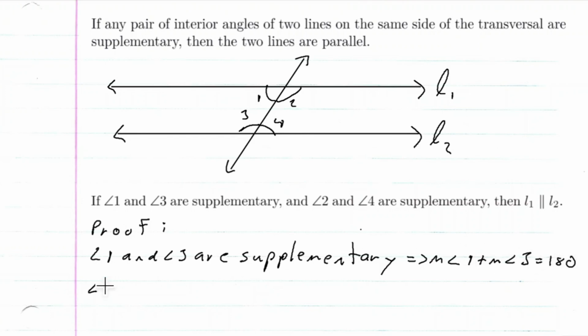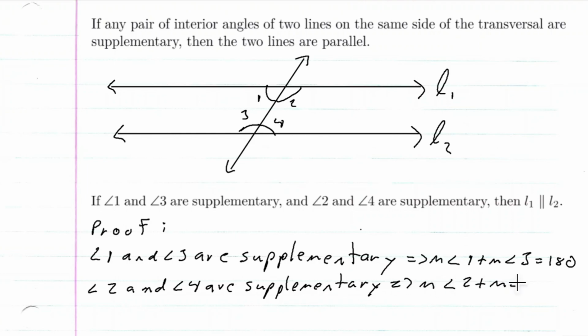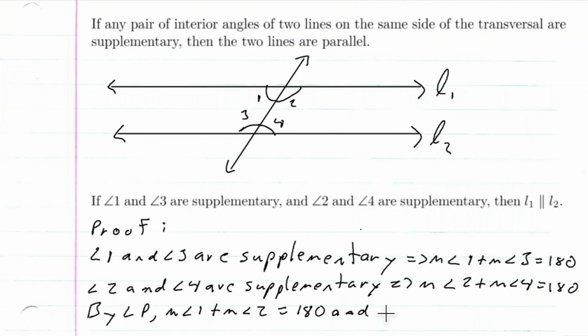We also know that angle 2 and angle 4 are supplementary, and this implies that the measure of angle 2 plus the measure of angle 4 is equal to 180. By linear pair, we know that the measure of angle 1 plus the measure of angle 2 is equal to 180, and the measure of angle 3 plus the measure of angle 4 is equal to 180.